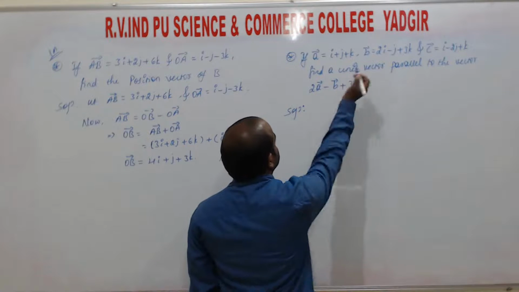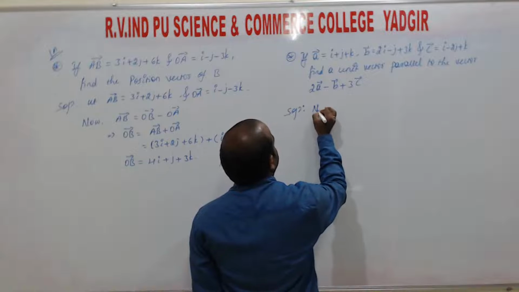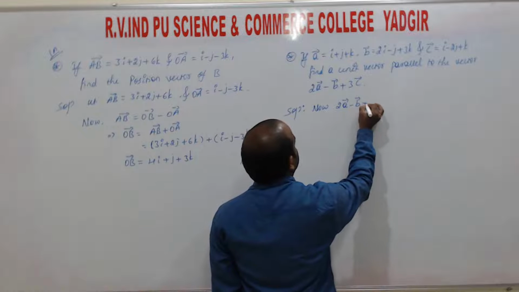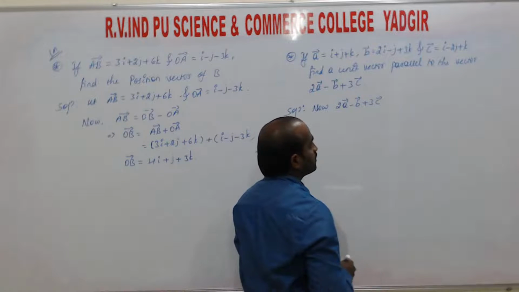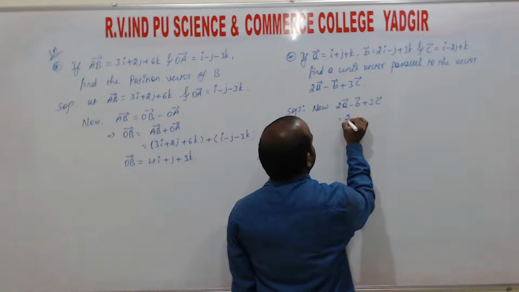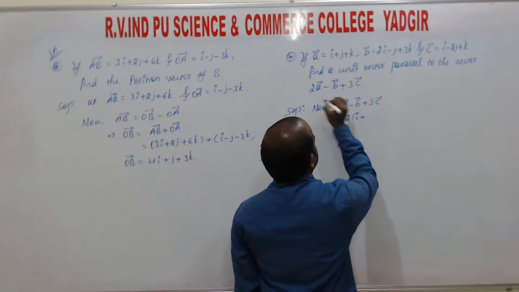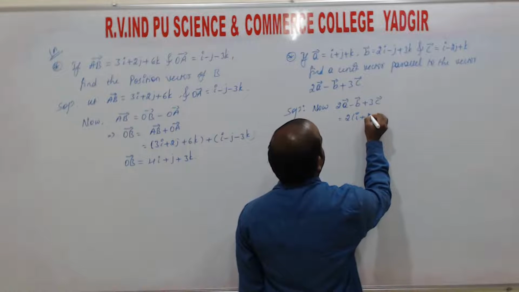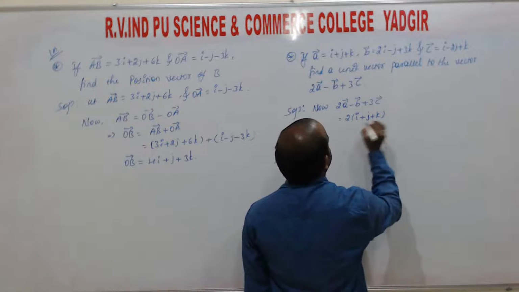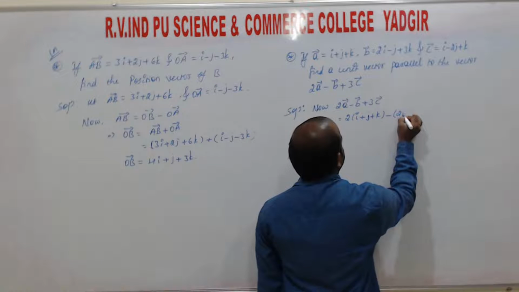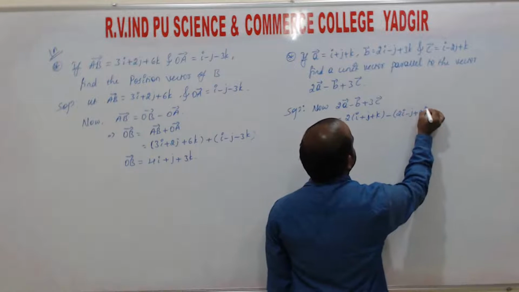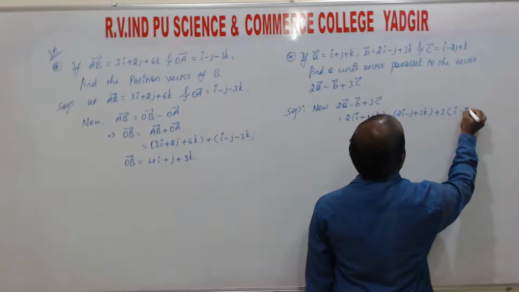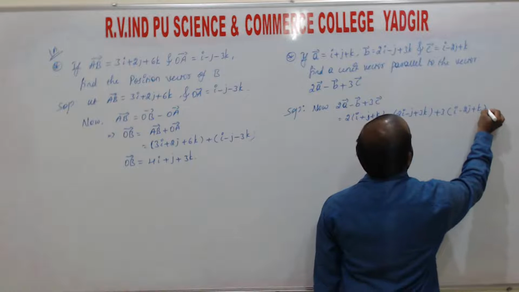Now we have to find 2a minus b plus 3c. First you write the given vectors, after that find out this. 2 into i plus j plus k, minus b vector 2i minus j plus 3k, plus 3 into c vector i minus 2j plus k.